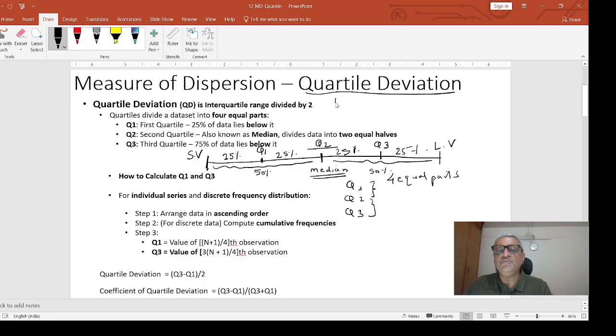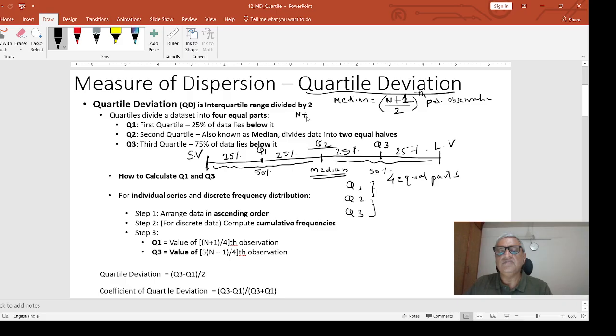Now we know the formula of median: the (n plus 1) by 2th position observation is my median. Similarly, what is the formula for Q1?